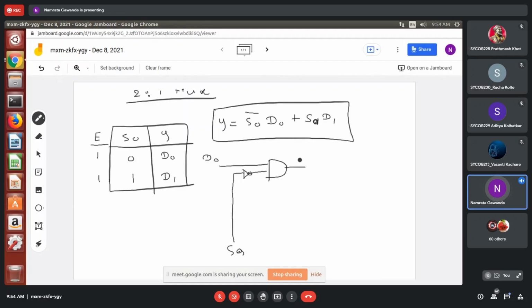So how to form a circuit for that? First one is D0, this will be S0 bar, right? After that, for this particular term, this will be D1 and this is S0, not S0 bar.